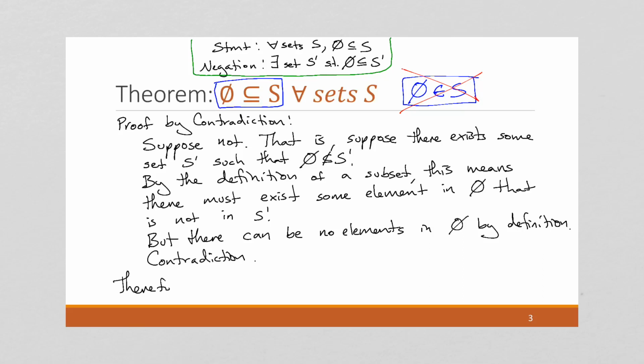Therefore, the empty set is a subset of S for all sets S. Right? So we're saying if the empty set is not a subset of S prime, well, then that means it's got to have something in it that's not in S prime. That's the definition of not a subset. But there can't be any elements in the empty set. It's by definition empty. And so that's where we get our contradiction from.